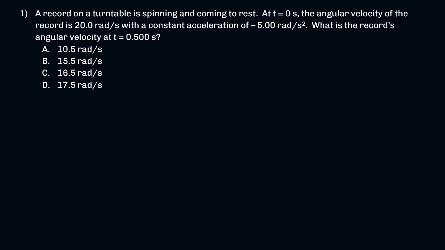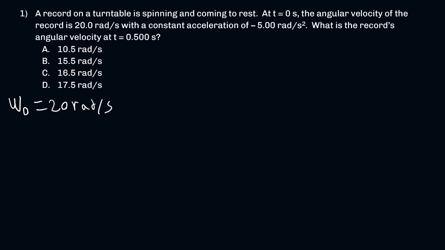At time equals 0, which is my initial condition, I have an angular velocity of 20 radians per second. So that means my initial velocity is 20 radians per second. I can write this out on the side over here. So omega naught is 20 radians per second.